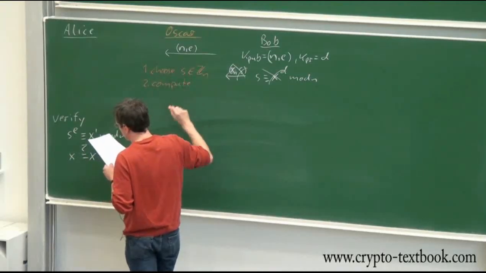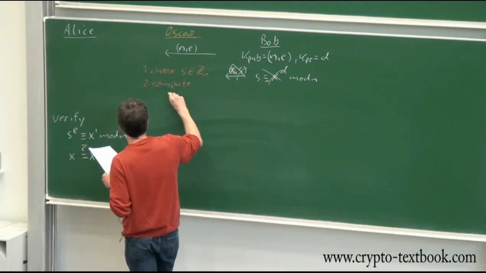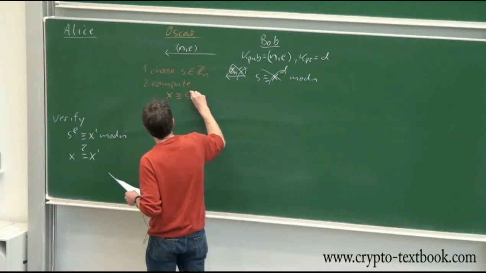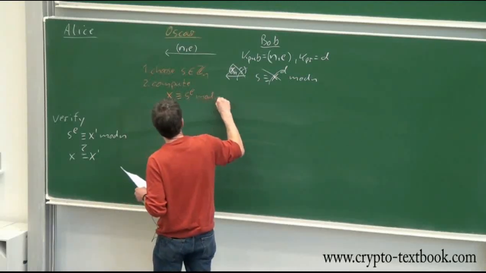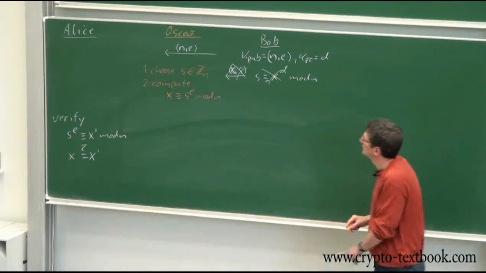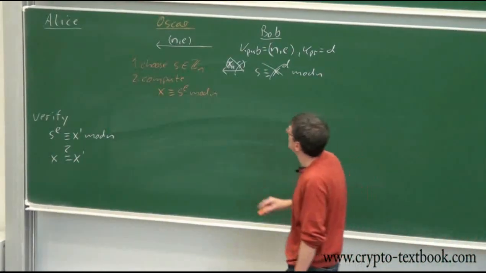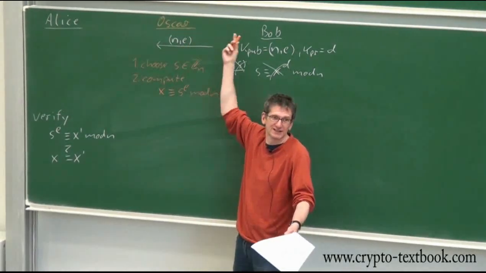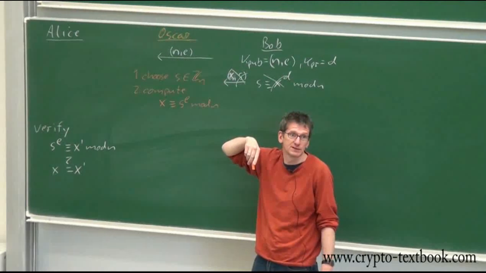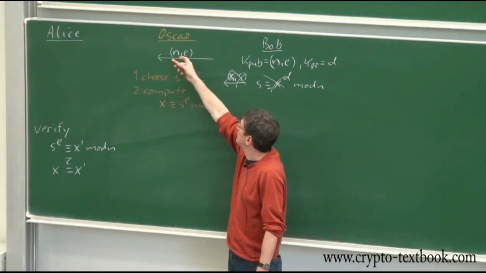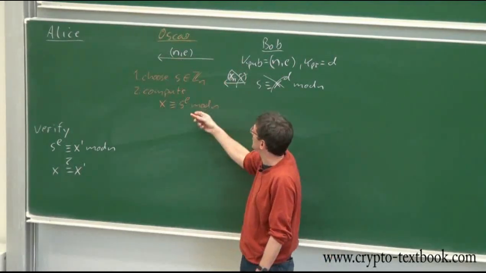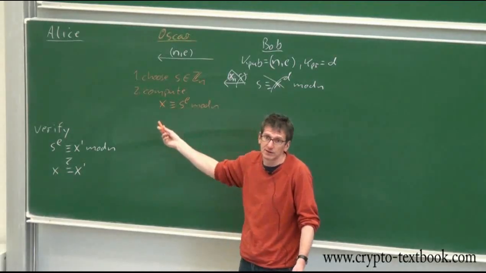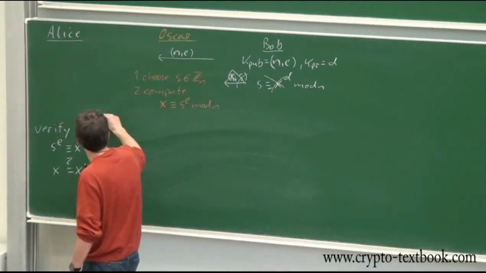And secondly, Oscar computes x is equal to S to the E. Does Oscar know E? Of course, it's a public key, right? In reality, this is Bob's website. So this is no big deal. He takes E, he takes N, which is on Bob's website anyway, and the S he just chose, and then he computes X.